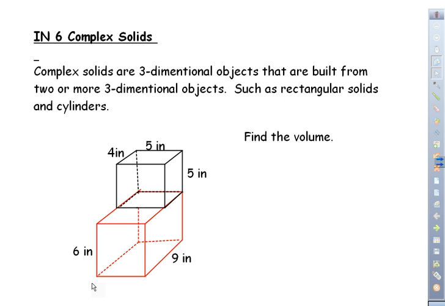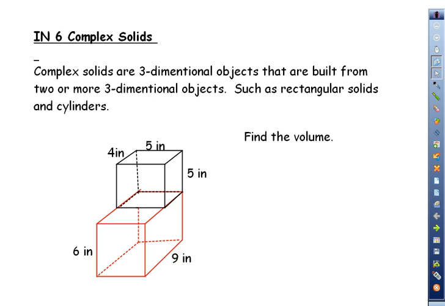For example, we are looking at two different shapes, one being a rectangular prism on top and another rectangular prism on bottom.